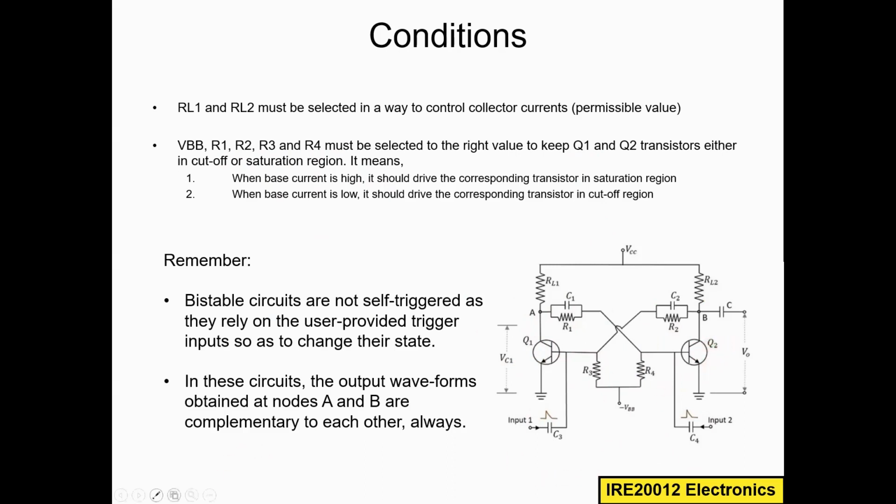What is the saturation region and cutoff region? I think you should know this. Saturation means the transistor is on. You are making a short circuit. It means you have already melted the depletion layer. No more depletion layer, so you are making the conduction between emitter and collector.